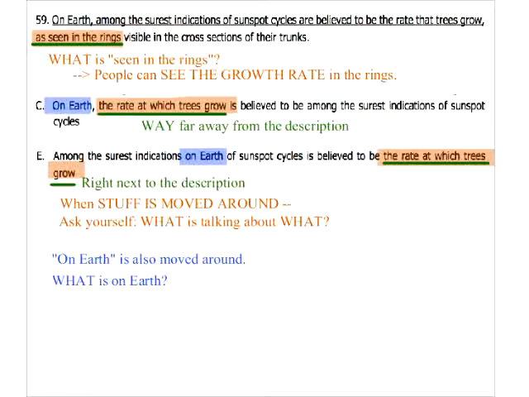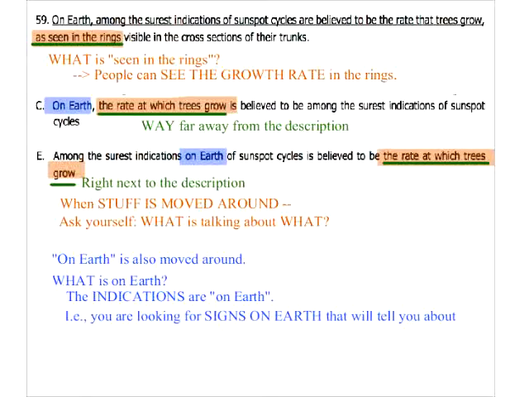What the sentence is trying to say is, in other words, you are looking for signs on Earth that will tell you about sunspot cycles, where sunspot cycles are an event that occurs nowhere near Earth. But you're looking for signs that are on Earth, even though you're trying to investigate an event that is really far away from Earth.